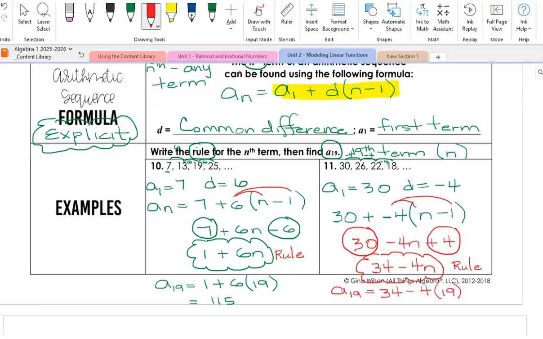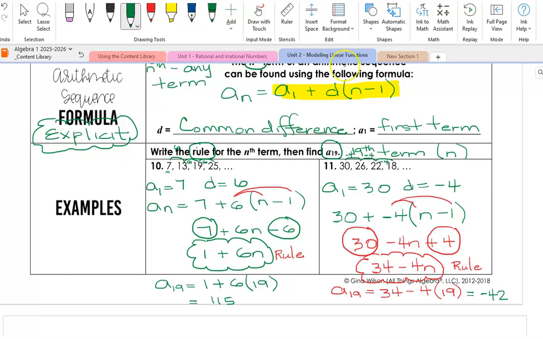Now, if I was asked to find the 60th term, then the n would become a 60. Just depends on what they're asking for. All right, if we put this into our calculator just like this, we get negative 42. Okay? That is what we did in class today for day 1.